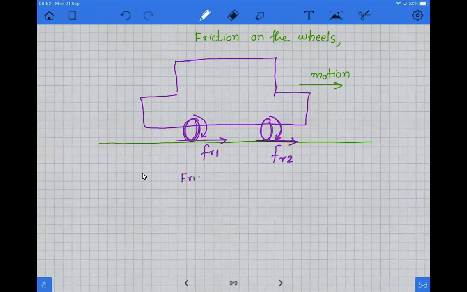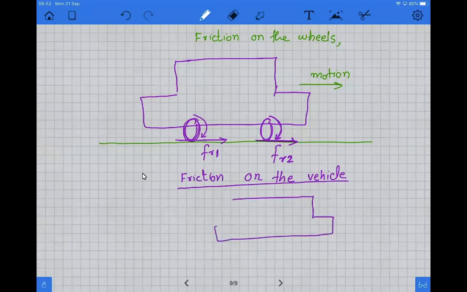If we want to represent friction on the vehicle instead of friction on the wheels, so for overall friction on the vehicle, a vehicle has 4 wheels. These are the 4 wheels.